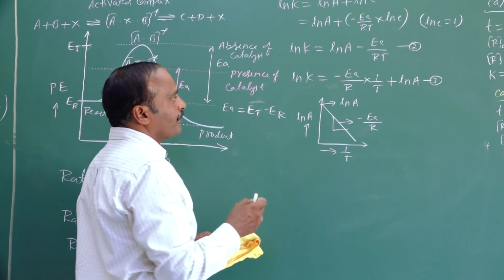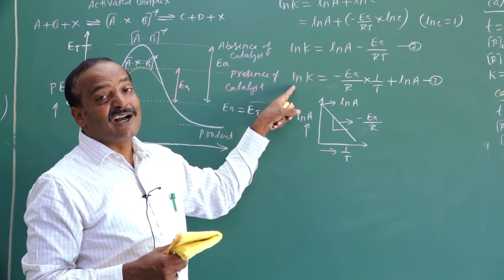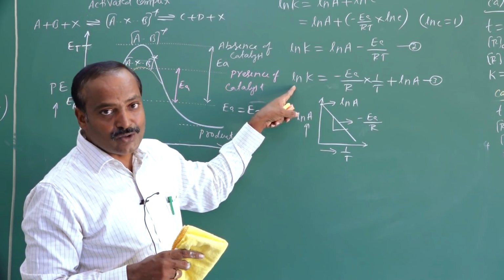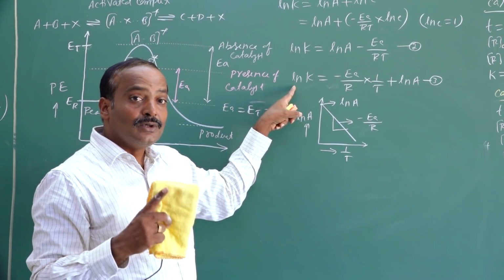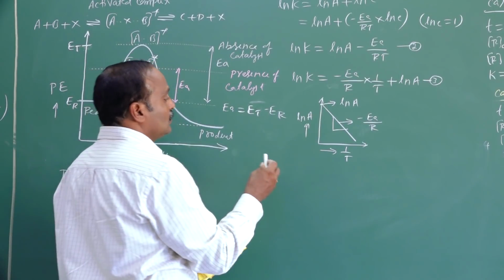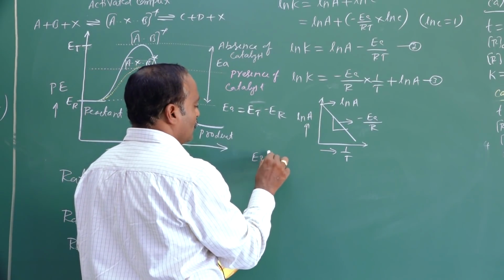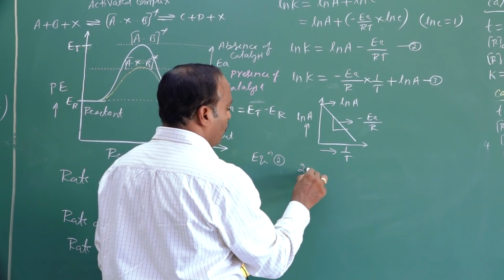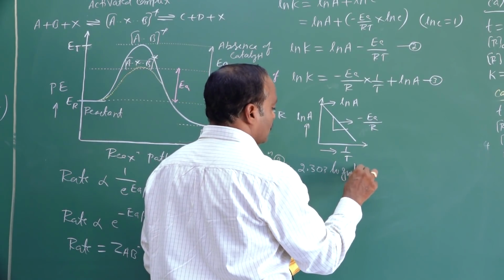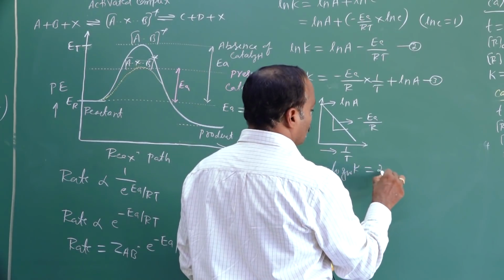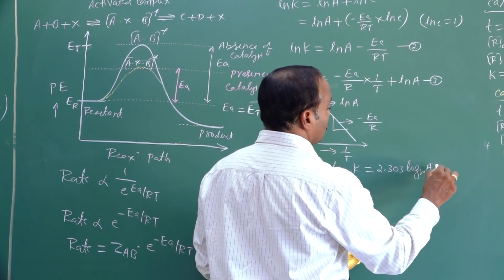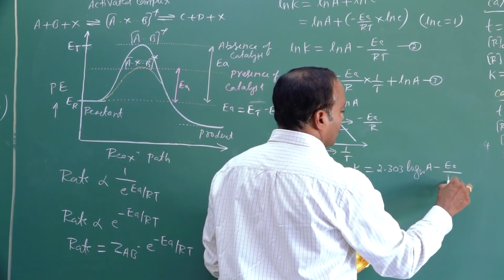We know that ln is equal to 2.303 log base 10. Then equation 2 becomes 2.303 log base 10 of K is equal to 2.303 log base 10 of A minus Ea divided by RT.